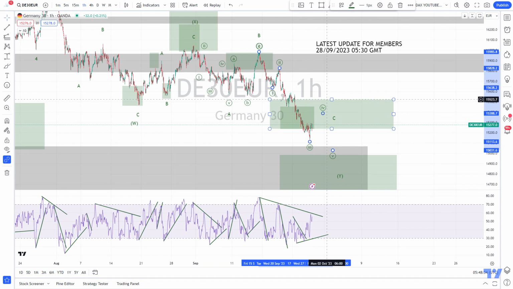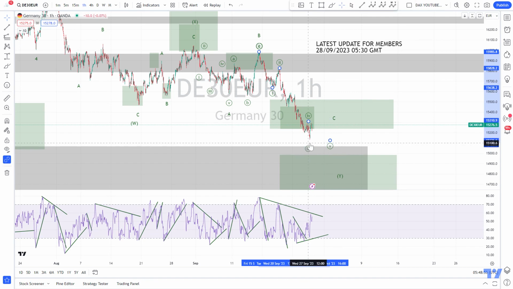Then the danger might be that we only had a shallow wave four here, and that it is like this, and then the correction is completed and we actually start a new impulse.